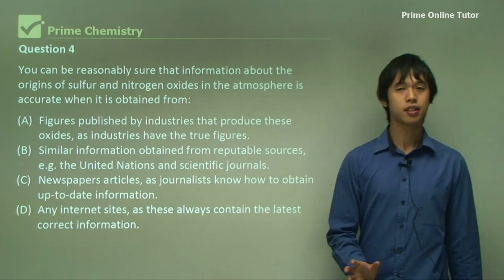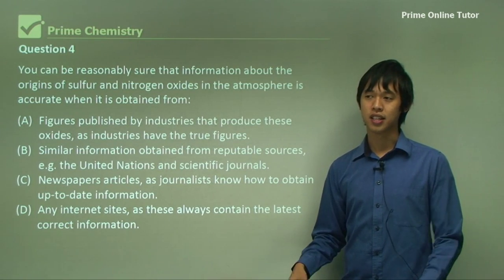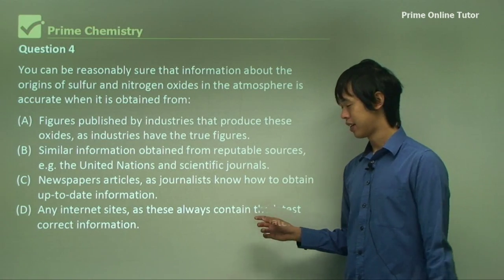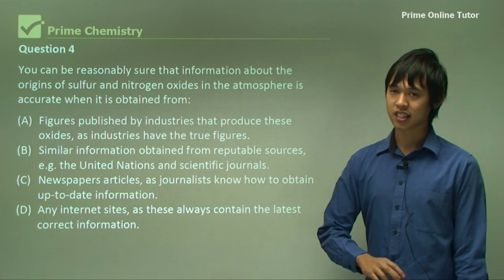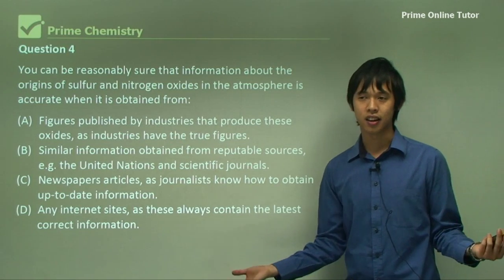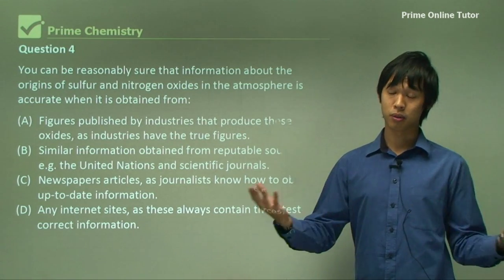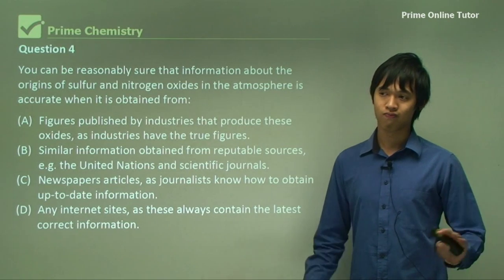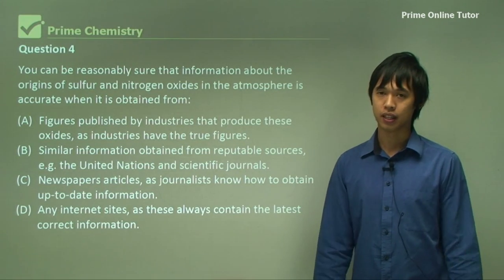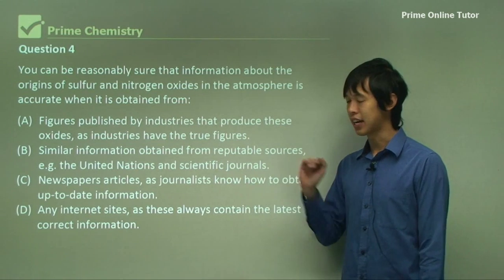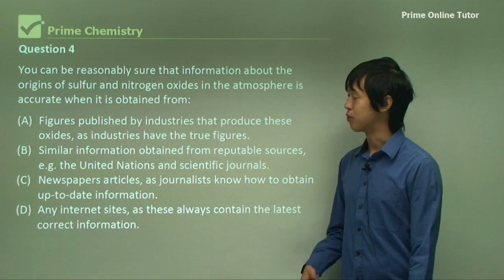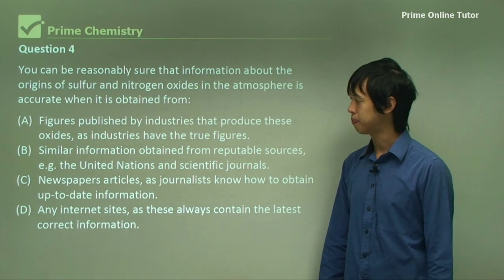Again, the internet is a great place to get up-to-date information because it's how we connect with everything now. But because anyone can change a site, anyone can create a site, possibly with no scientific background, I wouldn't trust them as a way to study a particular phenomenon. So I would go with B. Scientific journals are key. They're the best way to be reasonably sure that the information is right.